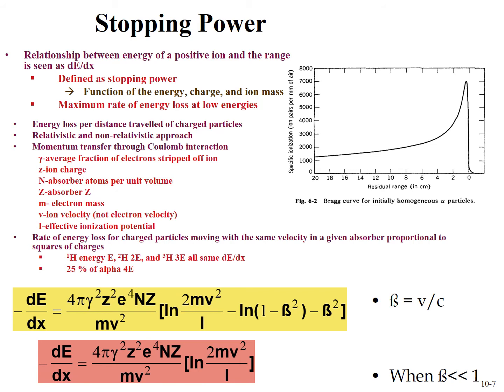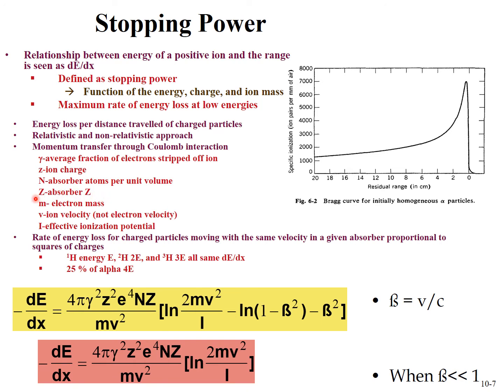The equations used, there are two equations listed here, include relativistic factors, and the terms include the average fraction of electrons stripped off an ion, the charge of the ion, the absorber atoms per unit volume, so something about the absorber density, and the Z of the absorber, which is important because higher Z material means more electrons.